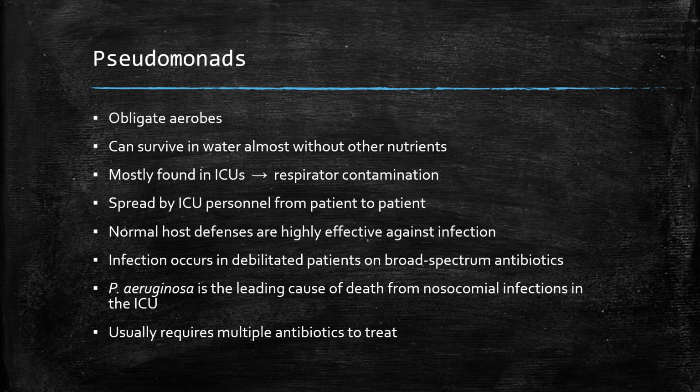And so the patients who do develop Pseudomonas infections are usually very debilitated and are on long-term broad-spectrum antibiotics. In fact, Pseudomonas aeruginosa is the leading cause of death from nosocomial infections in the ICU. Pseudomonas infections are very difficult to treat, and they usually require at least 2 antibiotics. A common regimen will be a penicillin or cephalosporin along with an aminoglycoside.